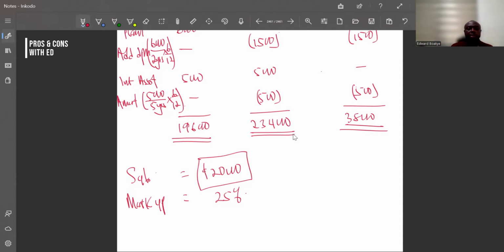That's what the question said. So 1/5 times 20,000 gives us 4,000. That is what is left in Barca's inventory.